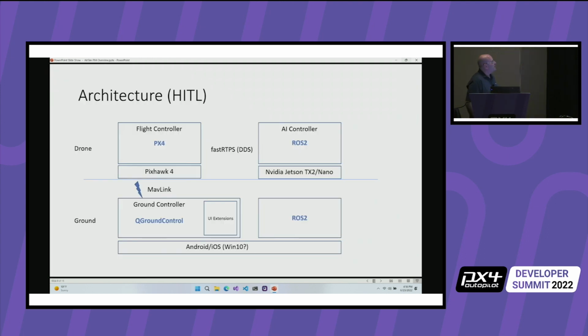And so what this looks like in a more physical sense is that we have our ground station running on some computer at the bottom that's talking to the hardware, in this case the Pixhawk in this example, that's running the flight control software. And then we want to talk to the companion computer, right?